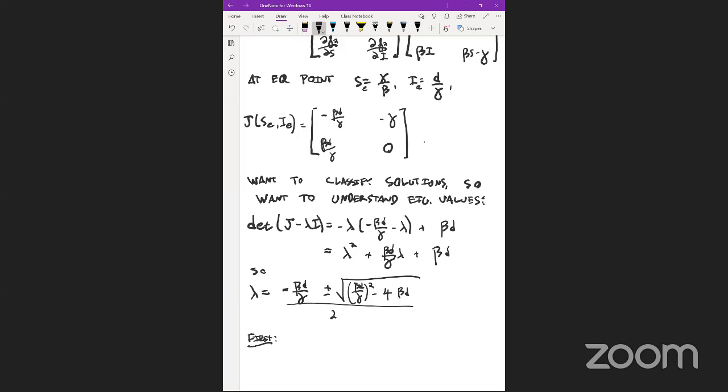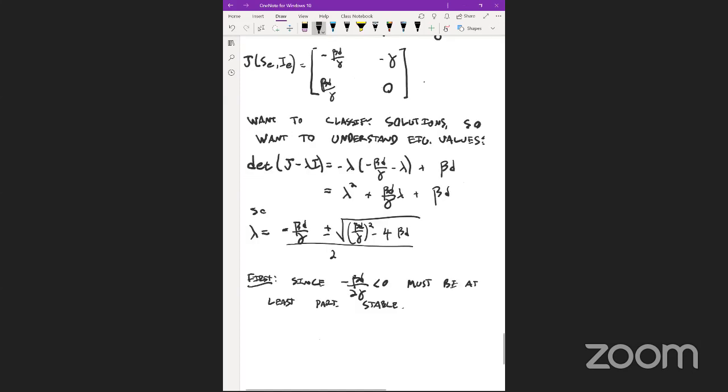It can't be unstable, since minus beta D over 2 gamma is less than 0, so it must be at least partially stable.